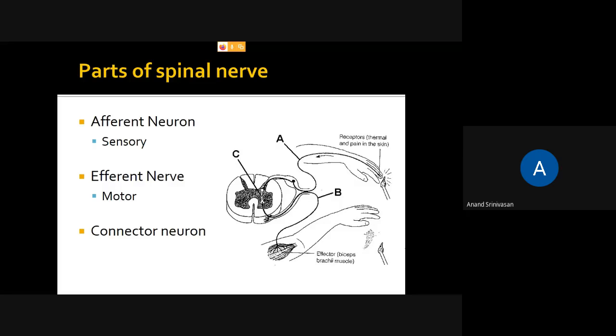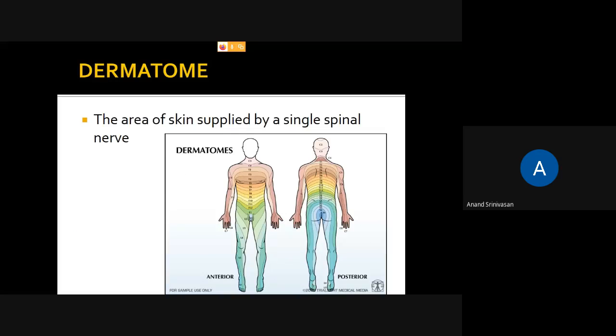Coming to the next one, dermatome. What is a dermatome? The area of the skin that is supplied by a single spinal nerve is called a dermatome. You know that there are 31 pairs of spinal nerves.